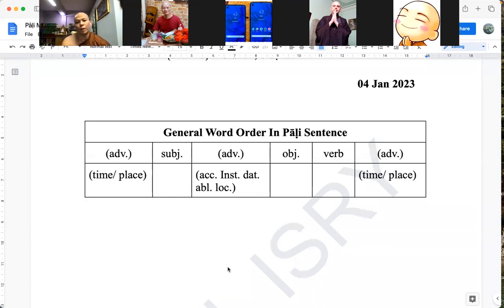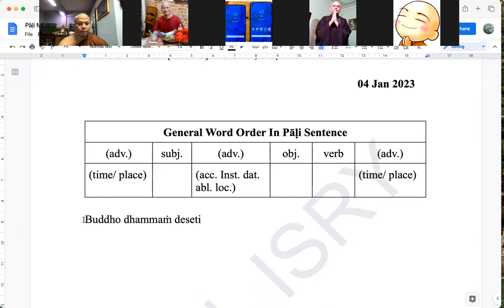Based on that formula, we can generally understand. For example, Buddha, Dhamman, this city.